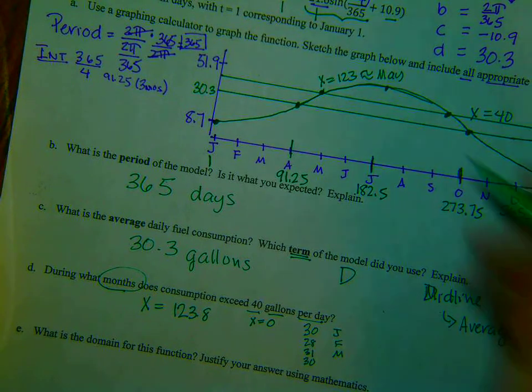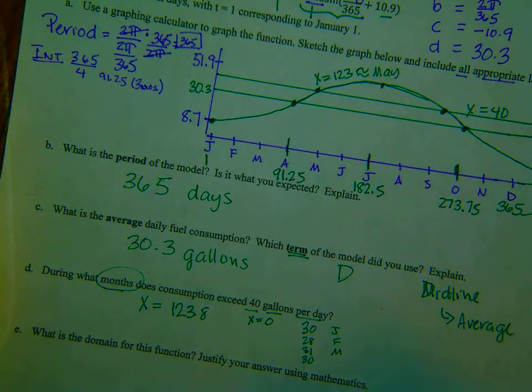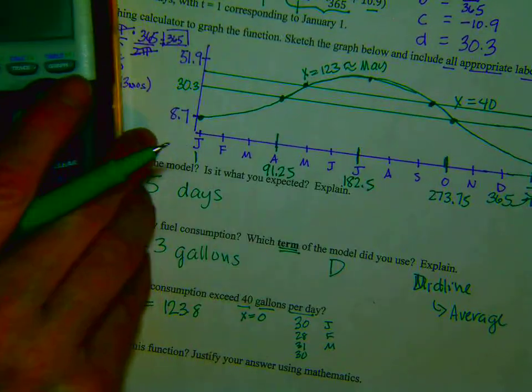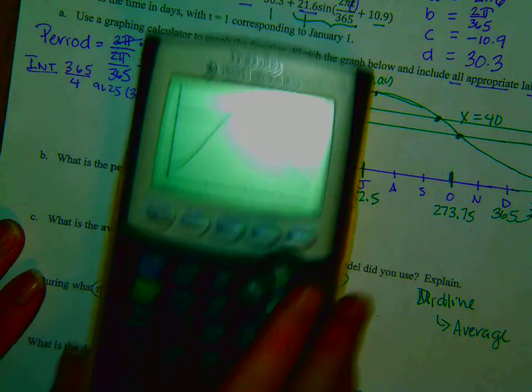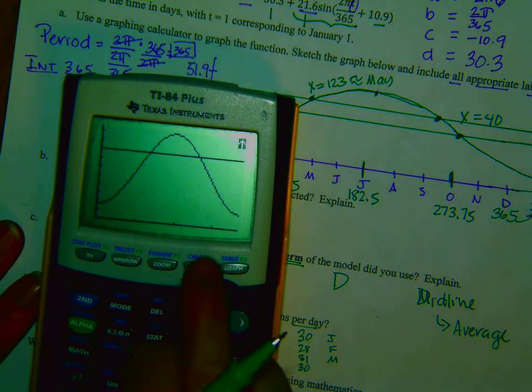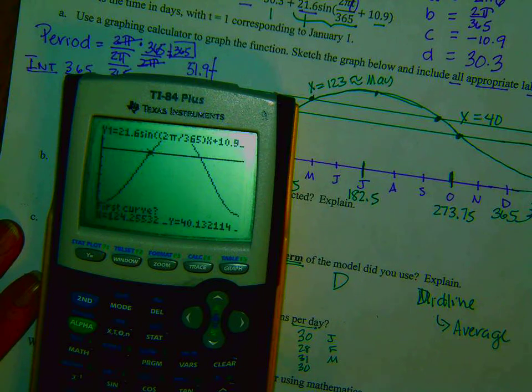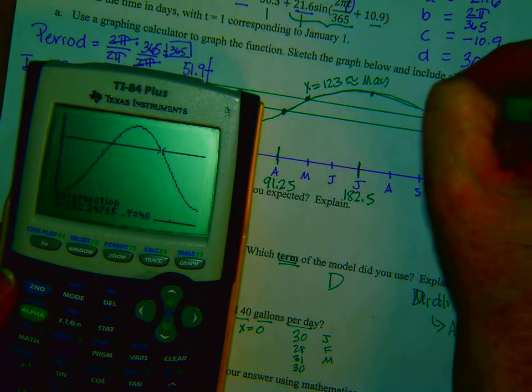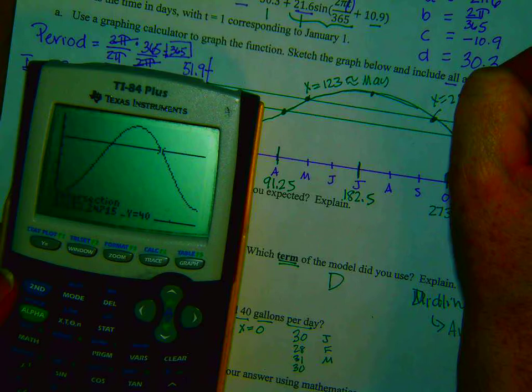So what about this point right here? Looks like we're in September. Let's verify that. We're going to go to the graph, second calc, intersect. We're going to move over. Okay. Move it back over and say enter, enter, enter. And we get 252 days. So right here on our graph, this is x equals 252 days.